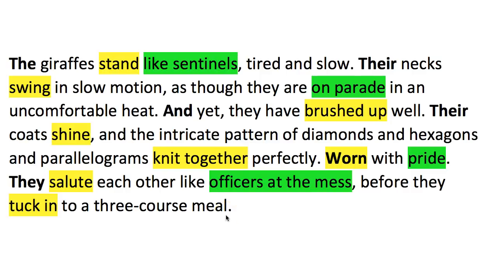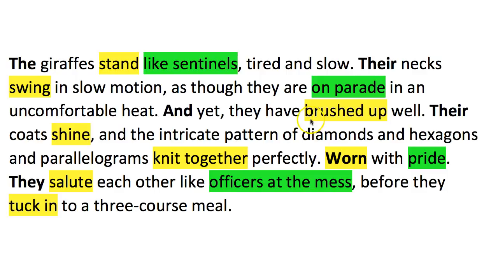So what I've got going on here in yellow are the verbs. And obviously I'm thinking in a military way. So obviously they're standing tall. I've got this idea of soldiers swinging their arms and legs in slow motion. And just that word swing reminds the reader of that idea of the soldiers.